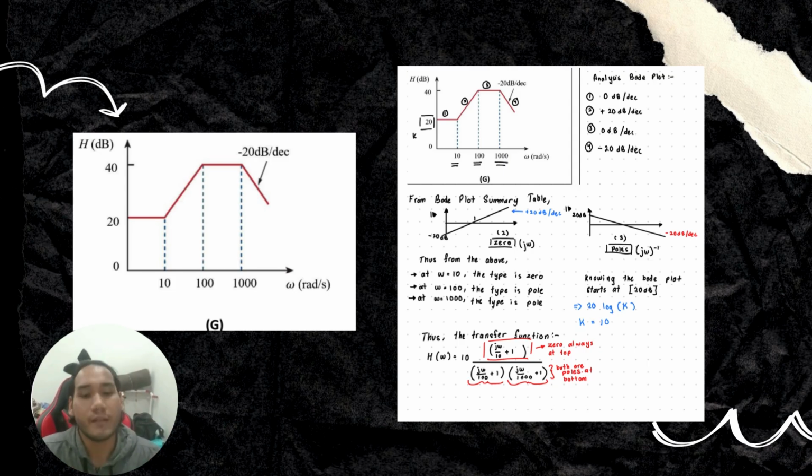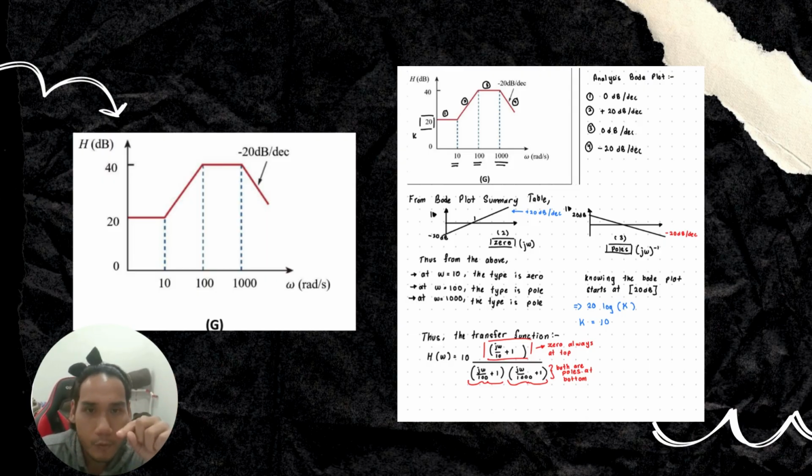We can determine what it is by referring to our Bode plot summary. It is shown that a simple zero gives an increase in our magnitude plot. So the first movement is a simple zero starting at 10 radians per second, at positive 20 dB per decade. It goes flat because of minus 20 dB per decade, which is a simple pole.